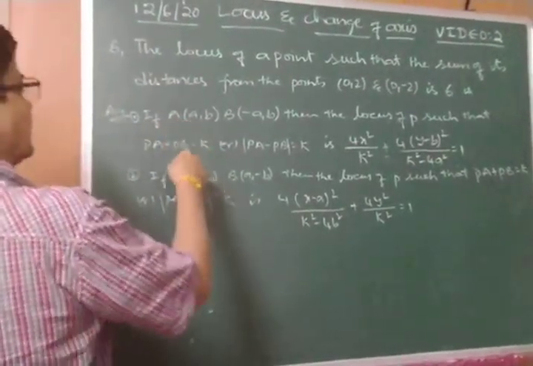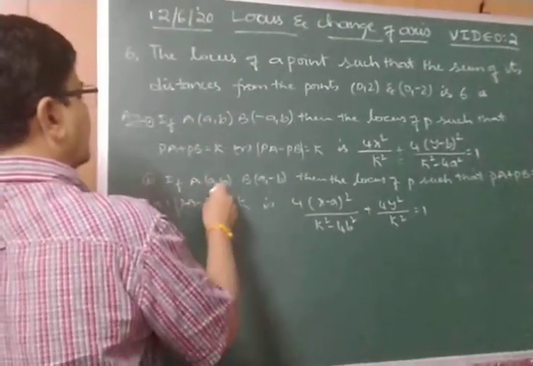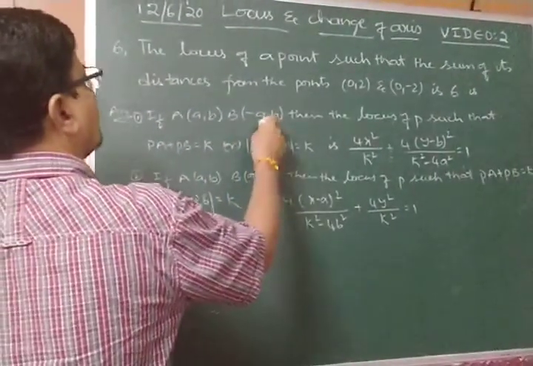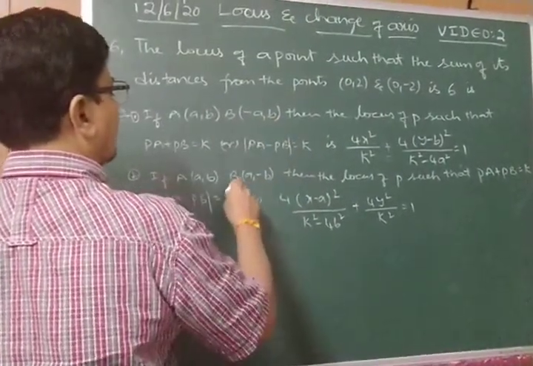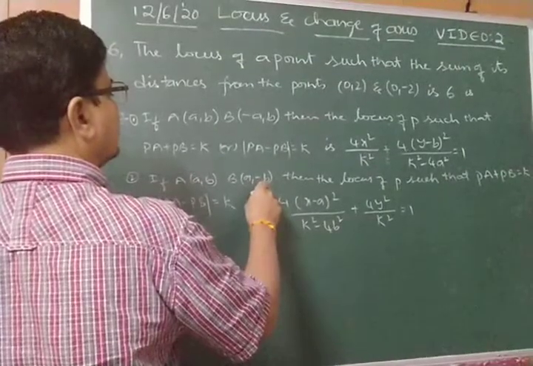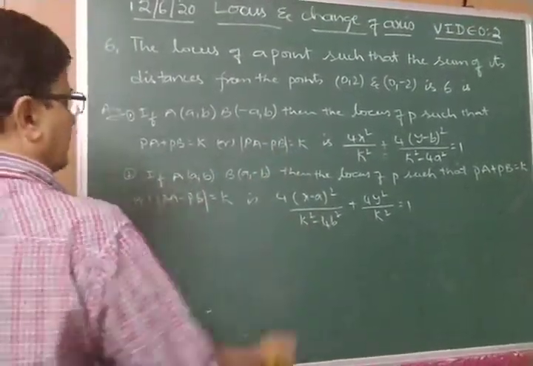So here we observe (a, b), here also (a, b). For the first, the second point is (-a, b), which means the x coordinate is negative and y is positive. But here the x coordinate is positive and the y coordinate is negative. So the locus of the point P is like this.